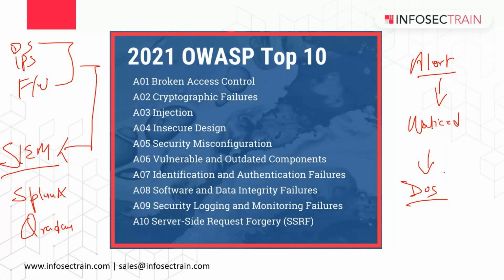So you can take actions against that person, right? And if you're not logging and monitoring properly, then attackers can take advantage of it. You won't notice anything, and the attacker will be inside your network, right?